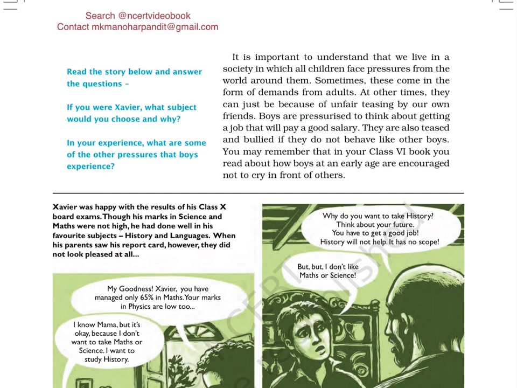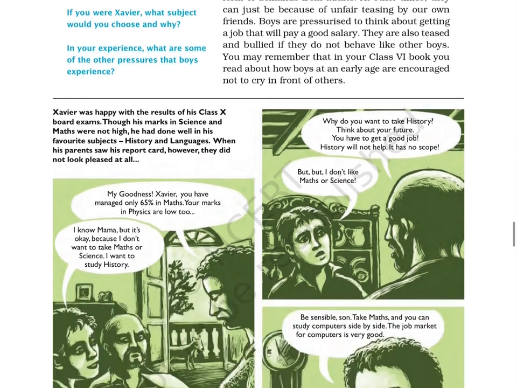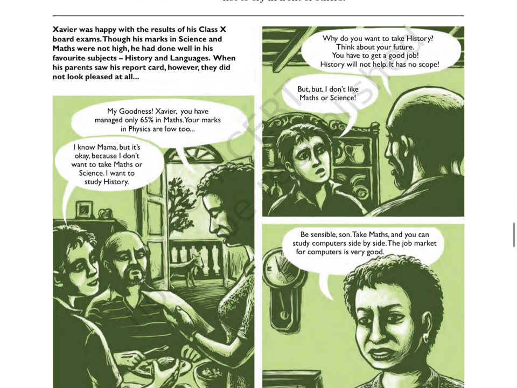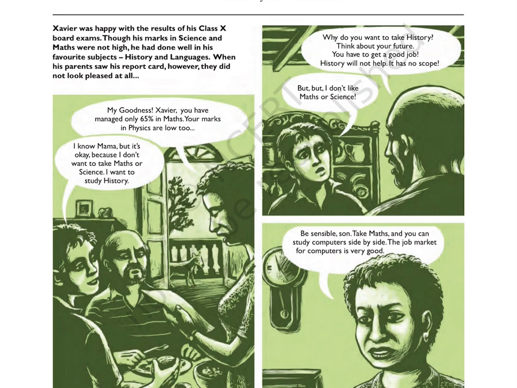Xavier was happy with the results of his class 10th board exams. Though his marks in science and maths were not high, he had done well in his favorite subjects, history and languages. When his parents saw his report card, however, they did not look pleased at all. "My goodness, Xavier! You have managed only 65% in maths. Your marks in physics are low too."